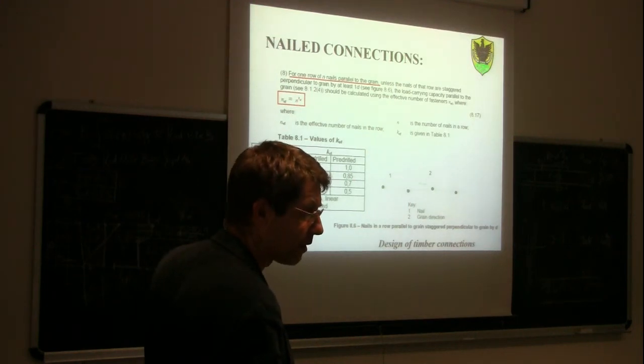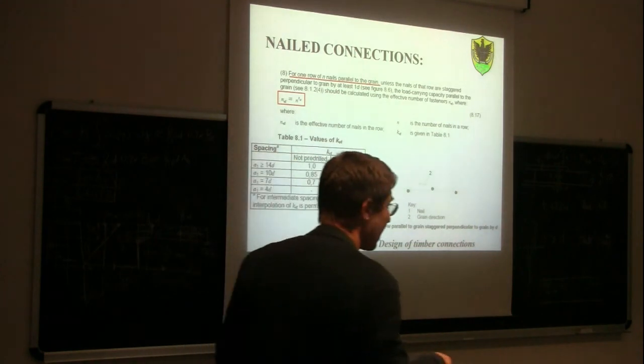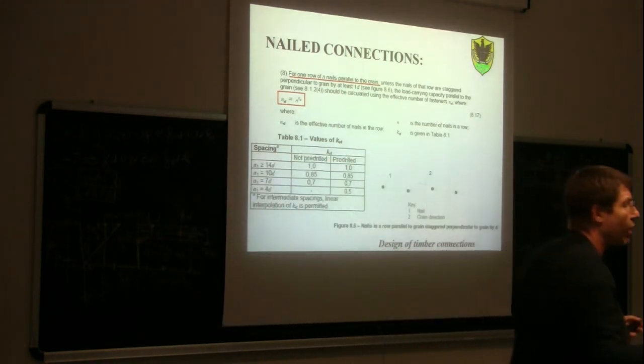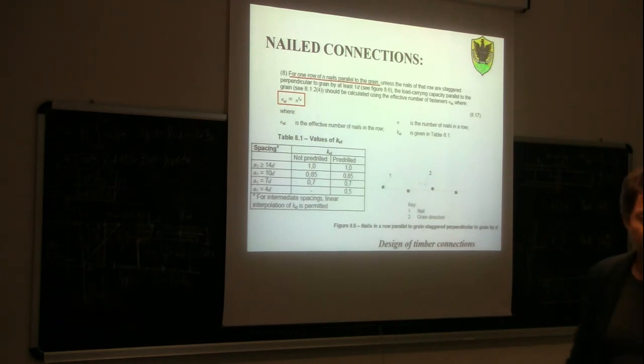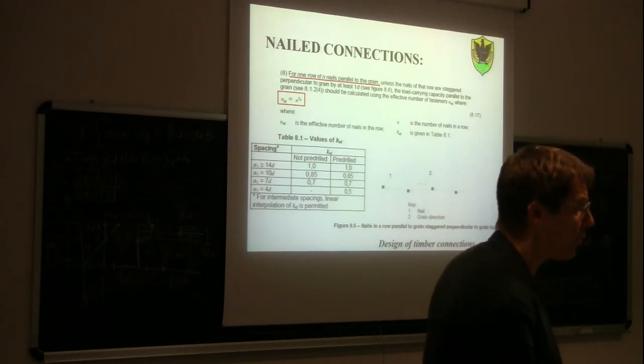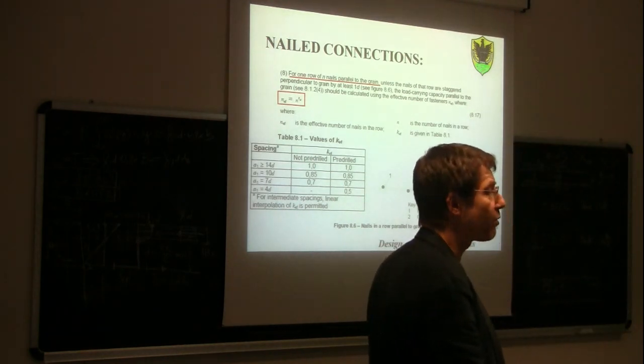If I reduce down to 7 diameters, so 7 times 3 is 21 millimeters, if the space is reduced to 21 millimeters, so 2 centimeters, in this case, I need to calculate the number of nails to the power of 0.7. I cannot reduce the spacing to less than 7d, so less than 21 millimeters, because if I was to do so, then I will get problems like splitting.